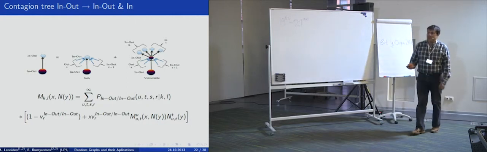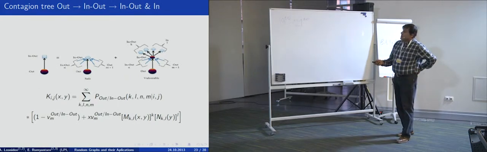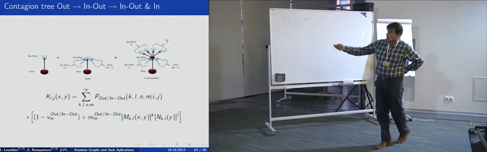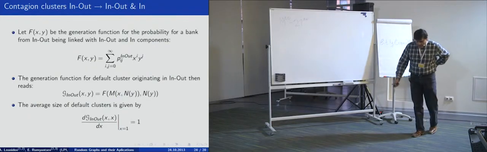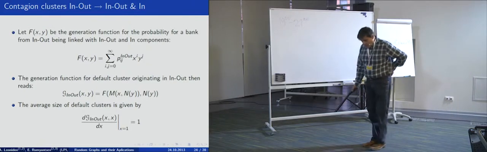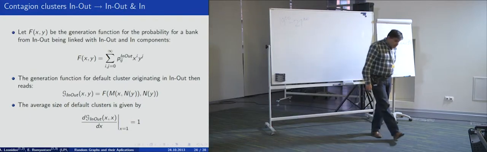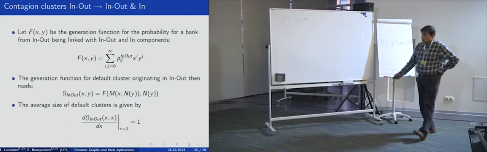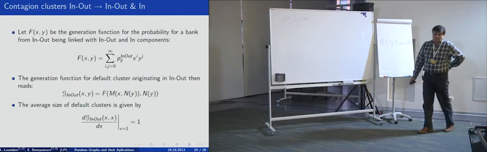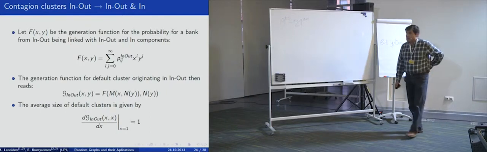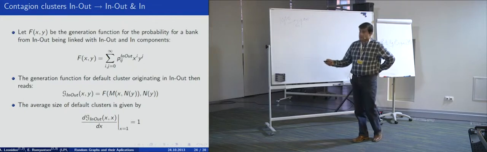So we wrote all these generating functions, and this formalism explicitly takes into account the correlations of the nearest neighbors, and then the average size of default clusters is given by the familiar derivative at point 1, and of course we have analytical expressions for this.